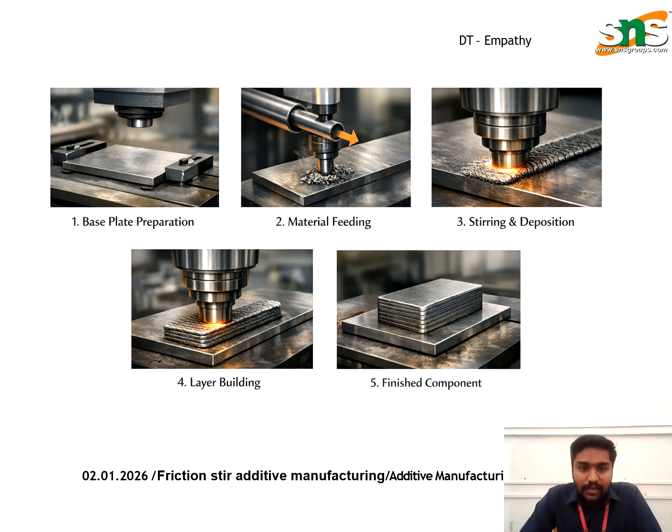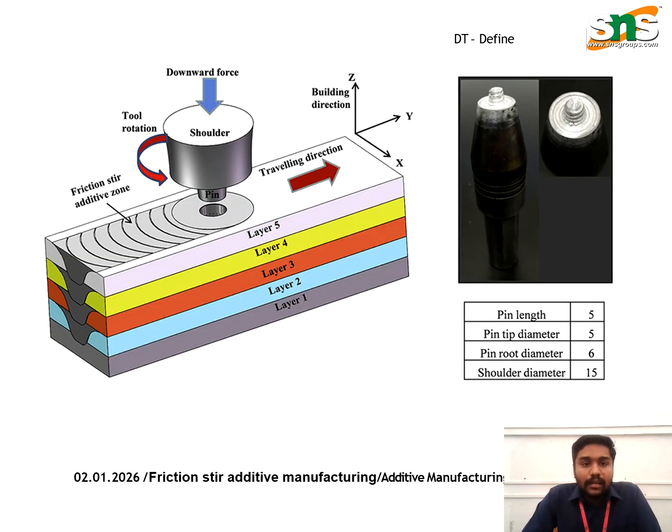For the surface finishing process, post heat treatment and post tempering will be carried out using the friction stir deposition process. The simulation has been carried out in the slide using the defined stages in DT, empathy. The first layer is differentiated based upon different layers, through which we can develop a process using a rotational structure, and the force will act downwards.